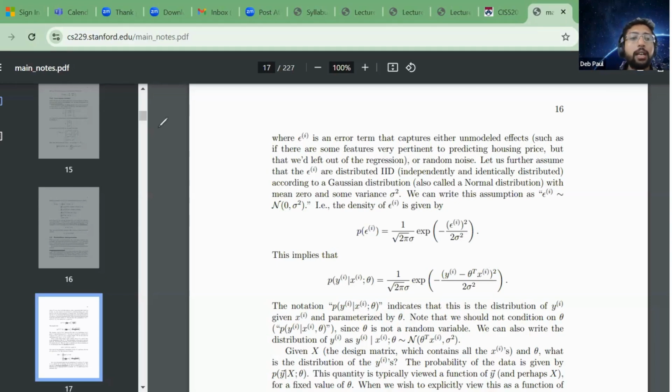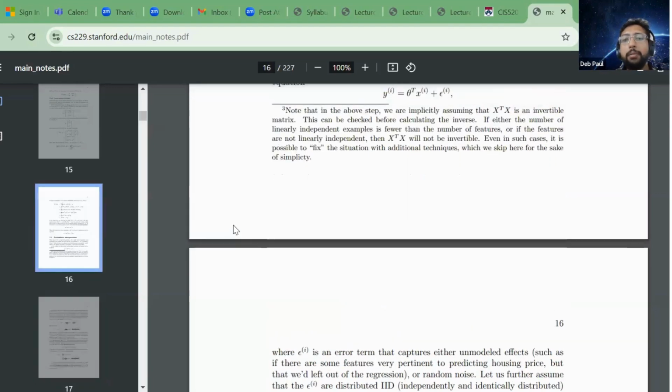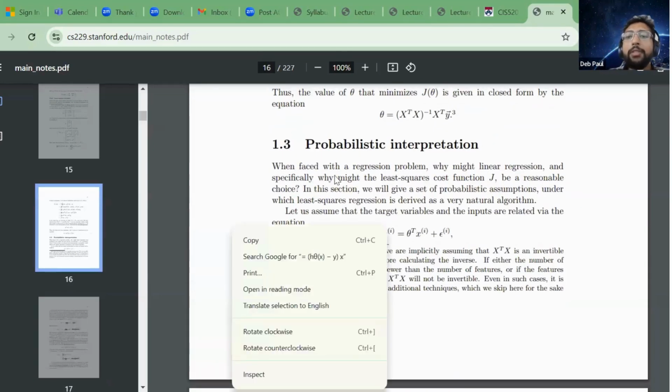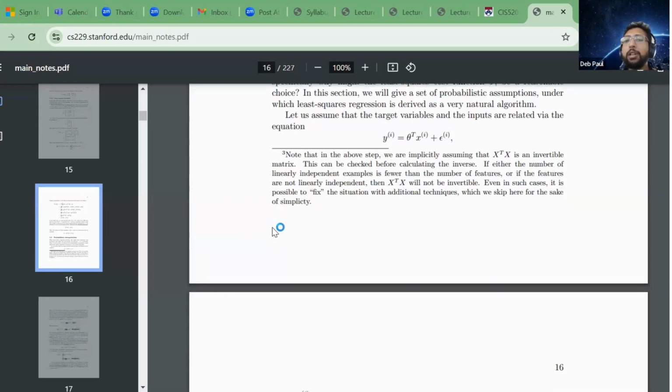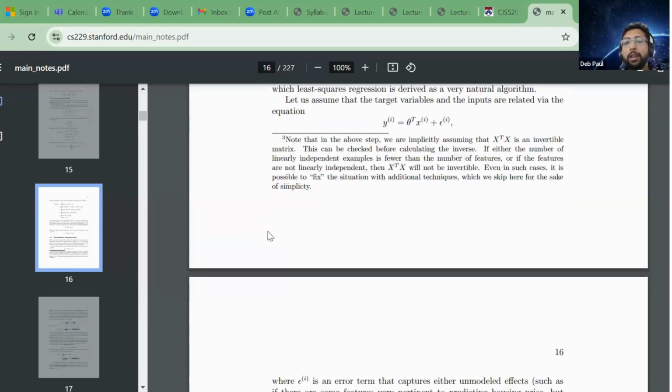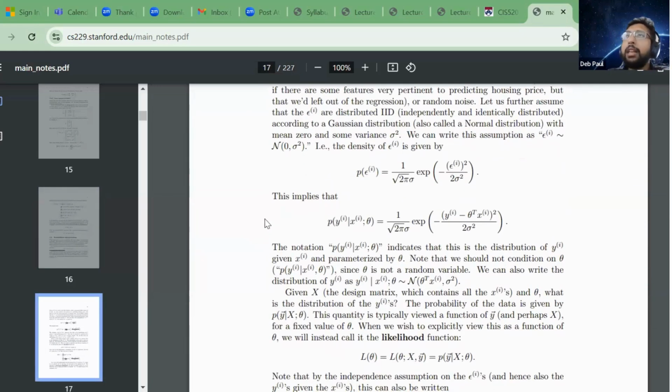We have this y, and I'm trying to estimate this one. So why do we get this loss function as a choice? Is the loss function something that we derive, or is it backed by theory? In linear regression, all the points are IID.